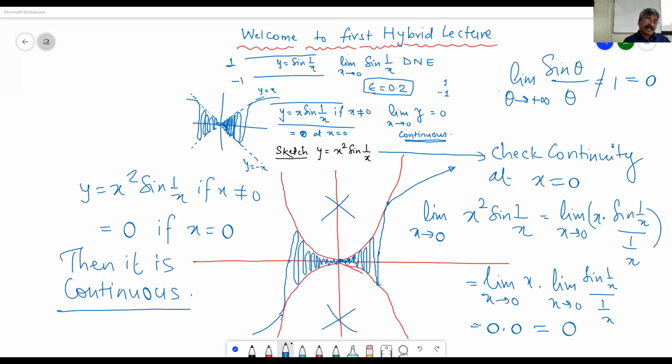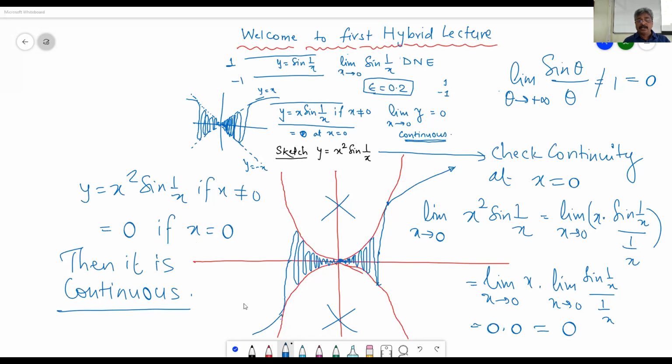As a result, as you move towards 0 from left hand side and right hand side, the amplitude of the vibrations will become smaller and smaller, and therefore you will achieve continuity near 0 if you define the function equal to 0 when x is equal to 0.